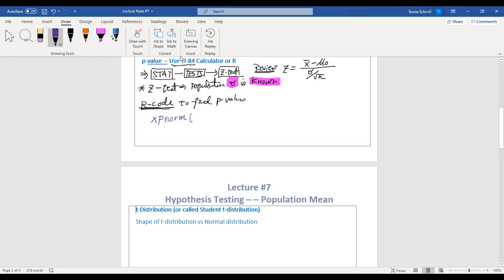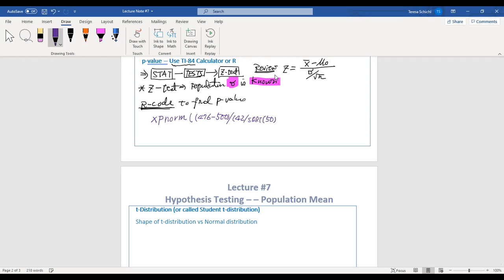So you put 476 minus 500, then divide by the sigma, which is 42 cups, and then divide by the square root, so you put SQRT of the sample size, which is 50.